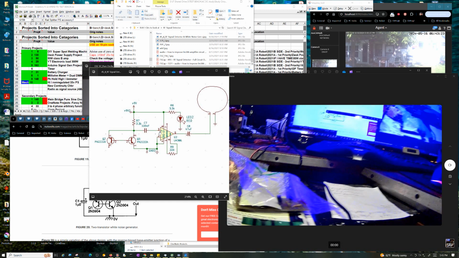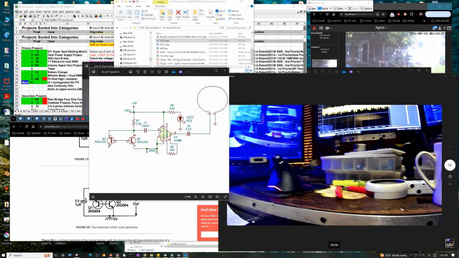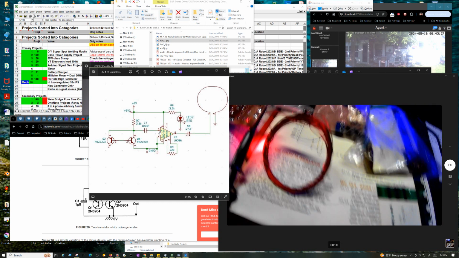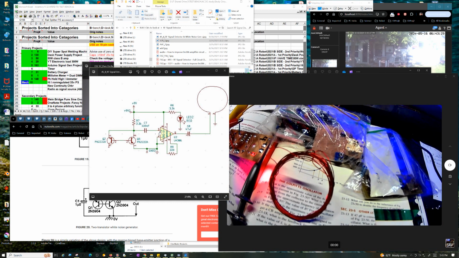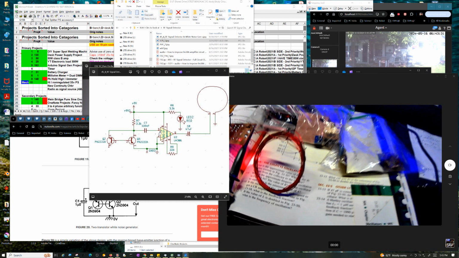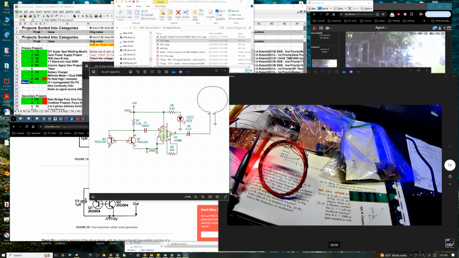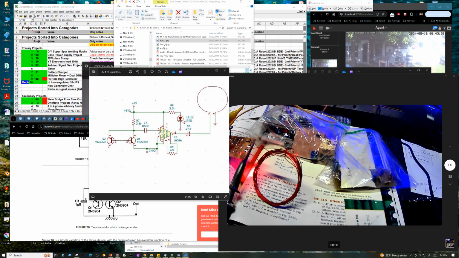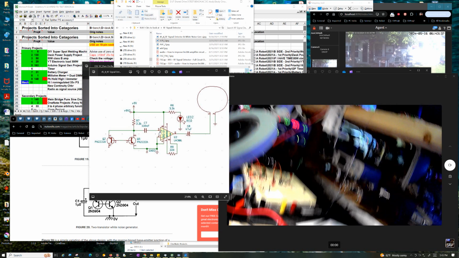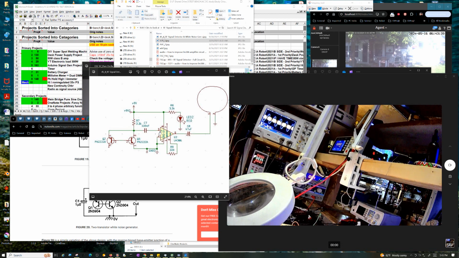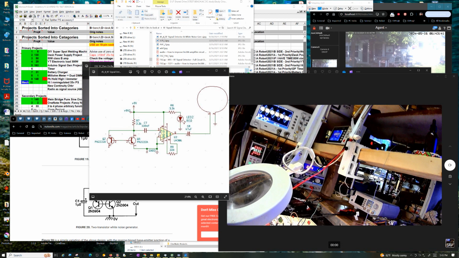But let's see what we pick up. Okay, it still looks basically the same, but there is a frequency. Okay, so now I turned it up to 50 millivolts injected signal, and you can see what's going on in the scope.